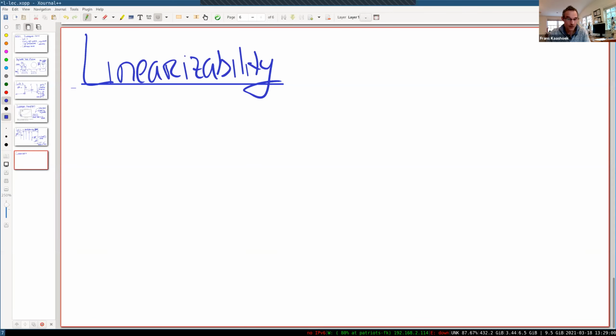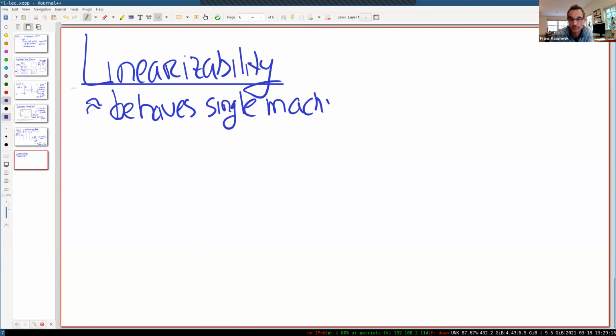Roughly what that means, we talked a little bit about it a week ago: it behaves like a single machine. That's the intuition that we've been using since the beginning of the semester. But the definition of linearizability is a little bit more precise and tries to nail down what it means to behave like a single machine.